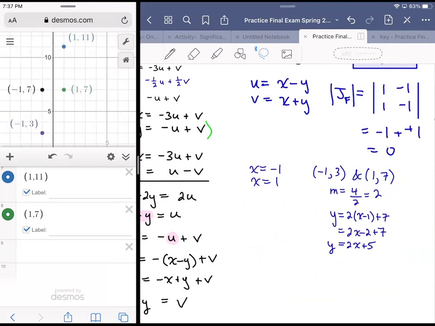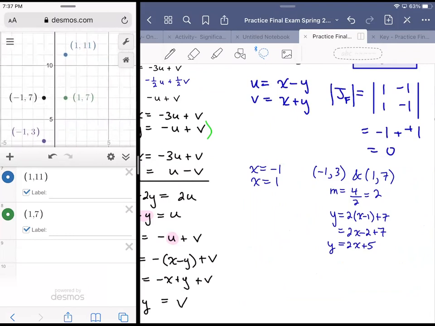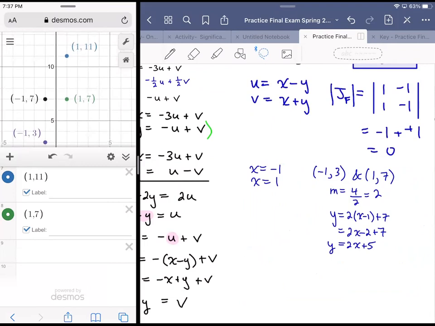So if you're going from (-1, 7) to (1, 11), you'd have to go through (0, 9) to get there. So you can kind of just pull it right off the graph too. So from (-1, 7) to (1, 11), the equation would be y equals 2x plus 9.